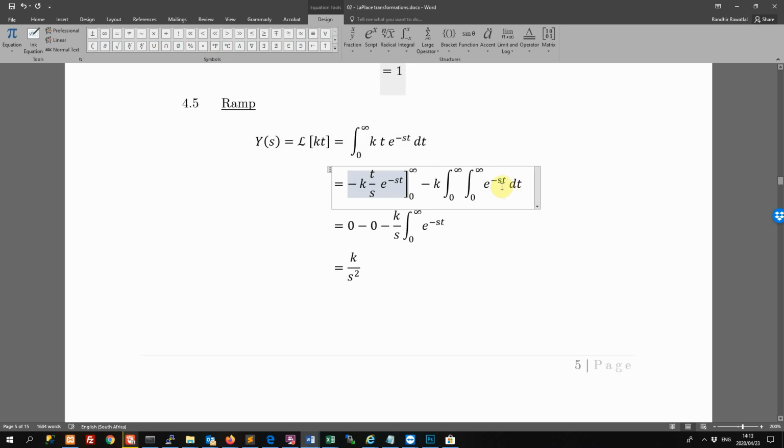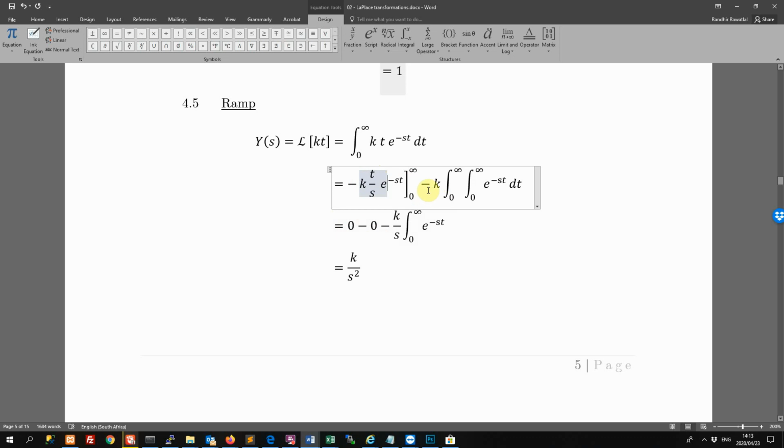Now we'll park this result, and go back to this term. If we go off to infinity, it's e to the minus infinity here, which is 0. And then at 0, we've got t equals 0 here. So this whole thing is a 0, so it's 0 minus 0. In other words, this part of the integration by parts contributes nothing to the overall integral.